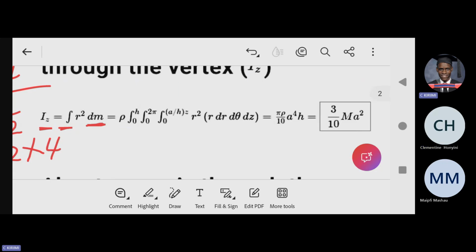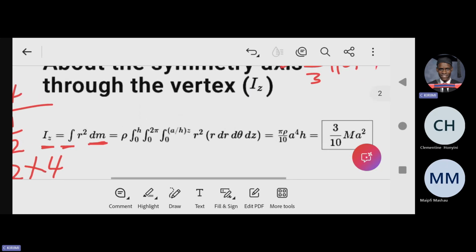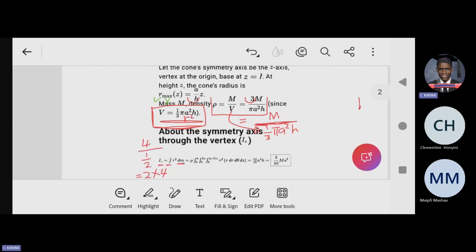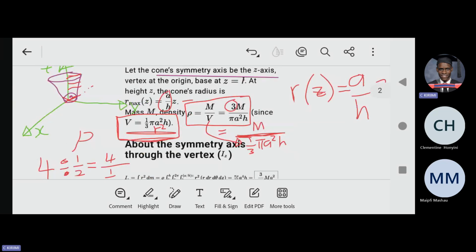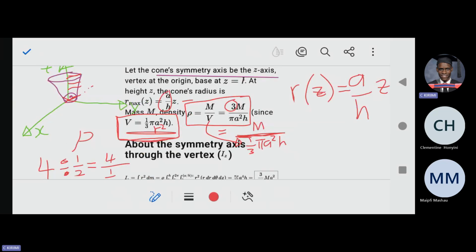So let's start now. We know the moment of inertia. What is mass in terms of, if you are to replace this formula, you want to calculate mass. Mass is given by what? If I'm to ask you, in terms of density and volume, how do you write mass?